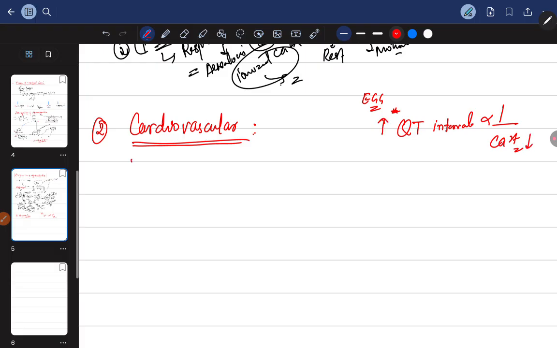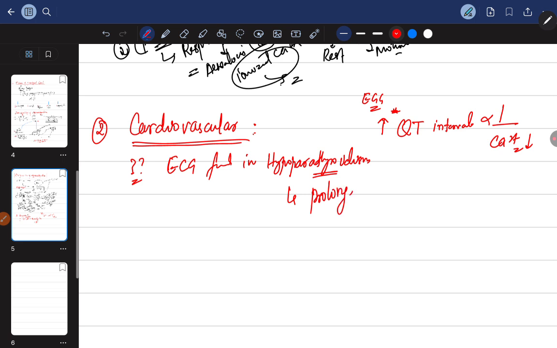So what will be the ECG finding in hypoparathyroidism? Remember, it would be a prolonged QT interval. These are the cardiovascular signs.